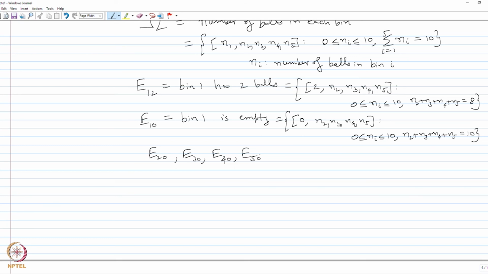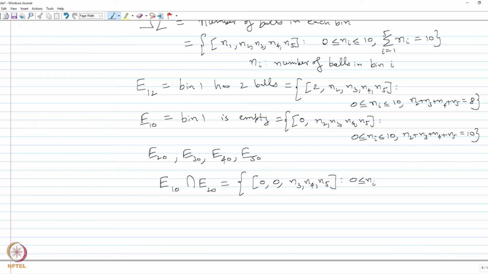So you can kind of argue, even though you don't know much about these events exactly, that they will be similar, and this is all quite useful. Okay, so in fact, if you do intersections, you will get interesting possibilities. Let's say I start intersecting E10 and E20. Okay, so I want to look at all the outcomes where bin 1 is empty and bin 2 is empty, right? So that will be a set like this: 0, 0, and n3, n4 and n5.